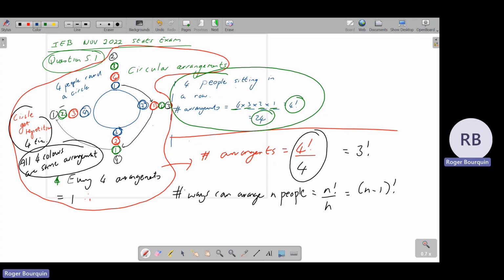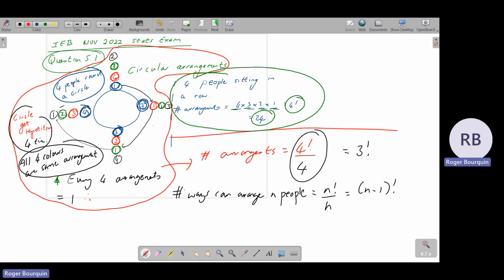But if 4 people are sitting in a circle, say you started with the blue arrangement: person 1 over here, person 2 over here, 3 over here, 4 over here. There's no top and bottom in a circle. If I move the table around, it's the same position. So the blue arrangement is the same as the red arrangement because the people are sitting in the same relative position.